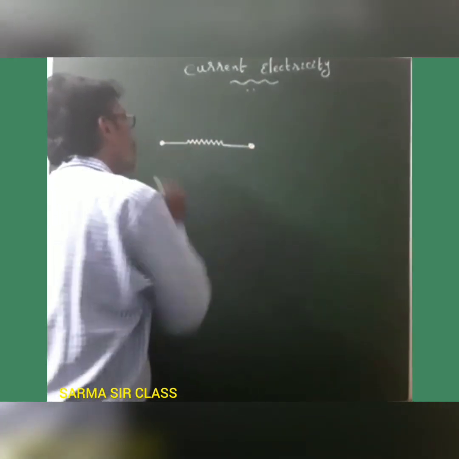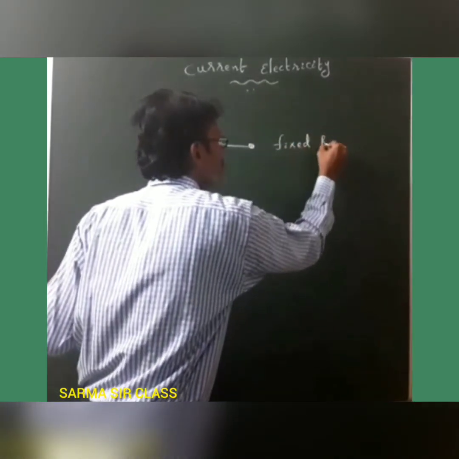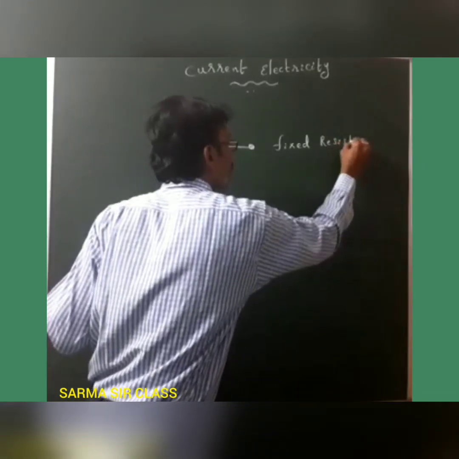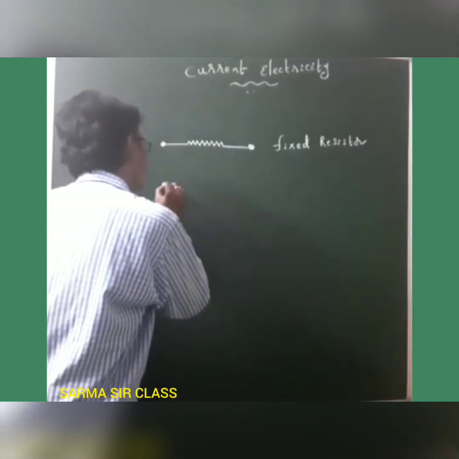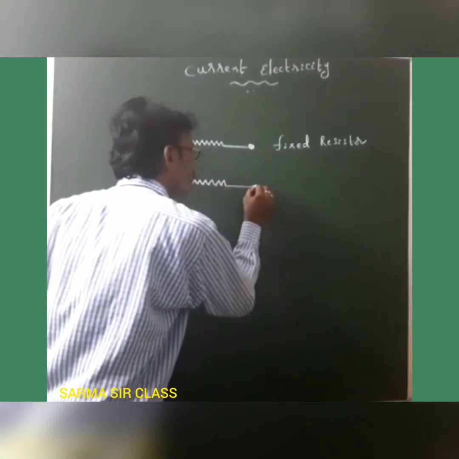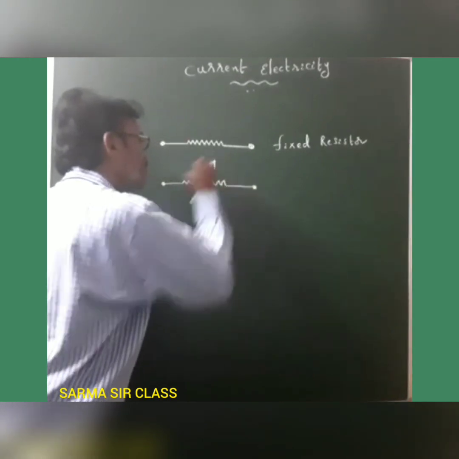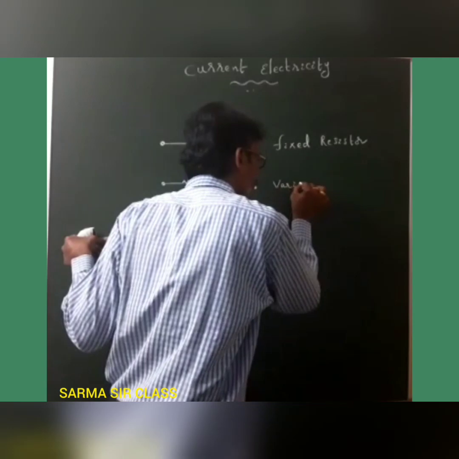This is called a fixed resistor. One more symbolic representation of the resistor is drawn with an arrow mark, and this is called a variable resistor.